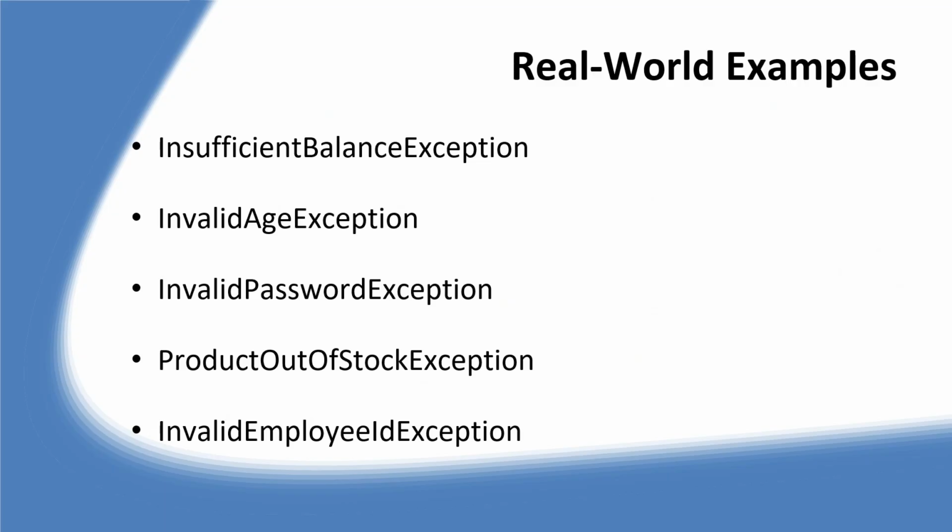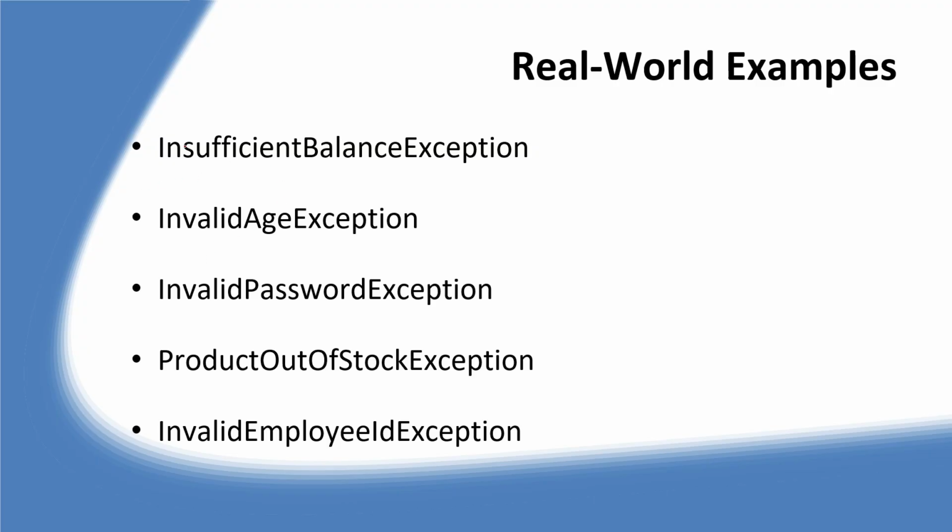Let's see some real world examples. Custom exceptions are commonly used to represent business specific rules. Okay, on any business specific failures or business logic failures, we'll be using custom exceptions. For example, in banking, e-commerce, HR, and authentication systems, custom exceptions make the code more expressive and easier to maintain.